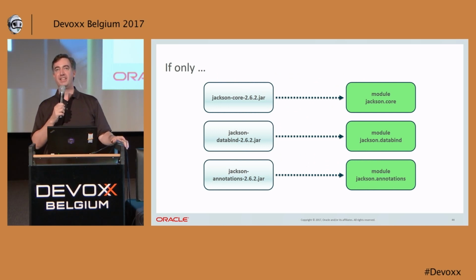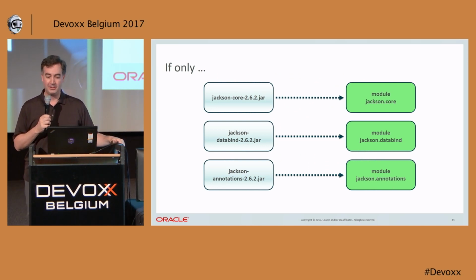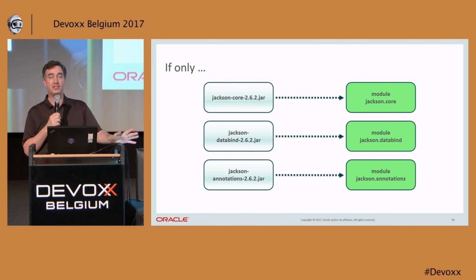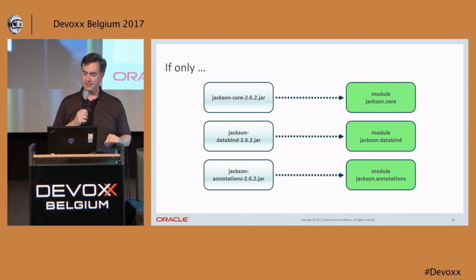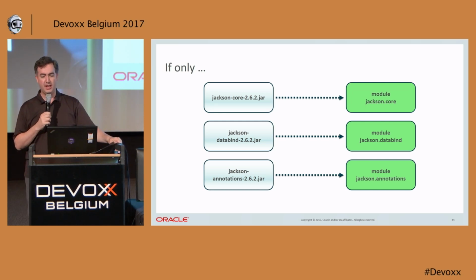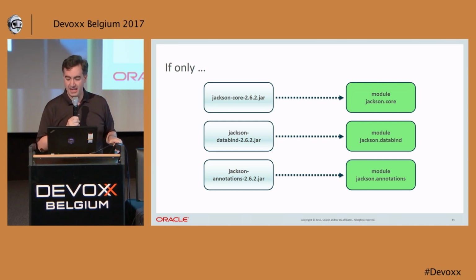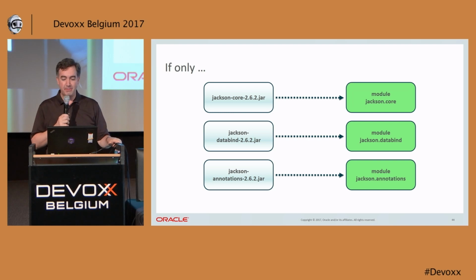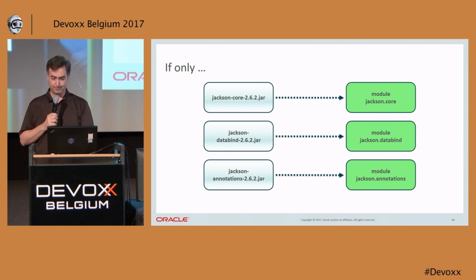If only there was some way, until that person shows up, for the Jackson jar files to somehow become modules automatically. We don't know what the dependencies and exports would be of those modules, but we have a pretty good idea of what the names would be. They'd be the same names basically as the jar files: jackson.core, jackson.databind, and jackson.annotations.